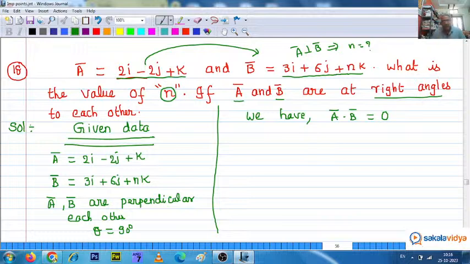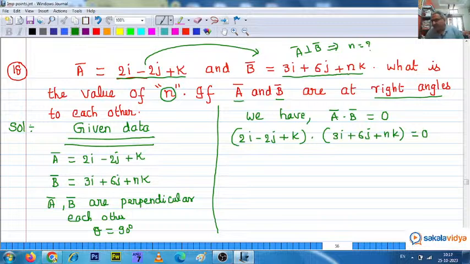So that means 2i minus 2j plus k dot product with 3i plus 6j plus nk is equal to 0. So, on the left hand side let us find the dot product.